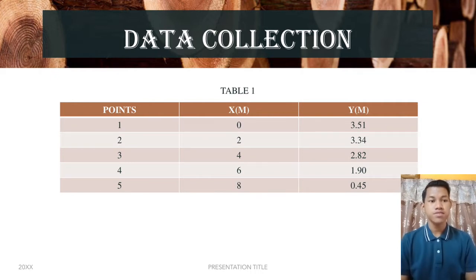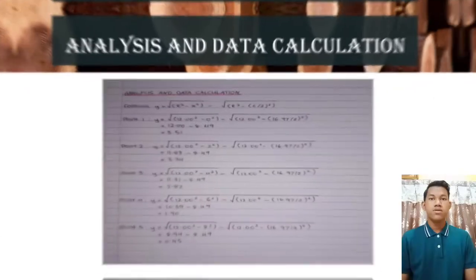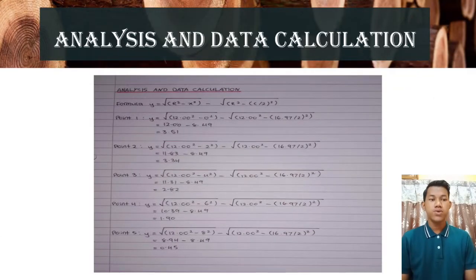Okay, next I will explain how to get the value of y. First we need to know the value of the long chord, radius, and interval value for x. Second step, using the formula y equals square root of (r squared minus x squared) minus square root of (r squared minus (c over 2) squared) to get the value of y.